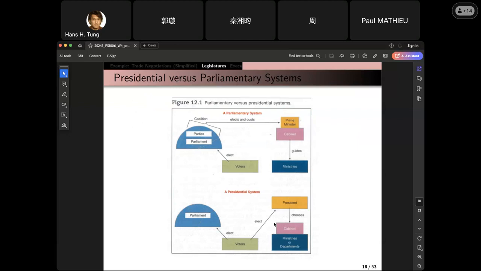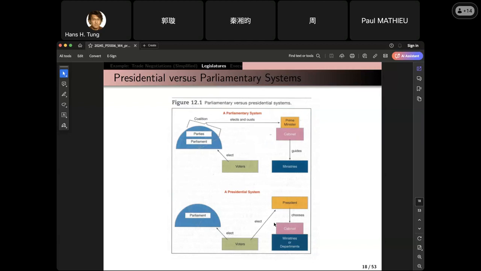They also elect a president, and the president chooses the cabinet and also ministers or departments. So the point here, which we're going to come back to again, is the difference between the separation of powers and the fusion of powers. In the parliamentary system, you have fusion of powers, right? Because the parliament is, at the same time, where you form your governments. But here it's different.